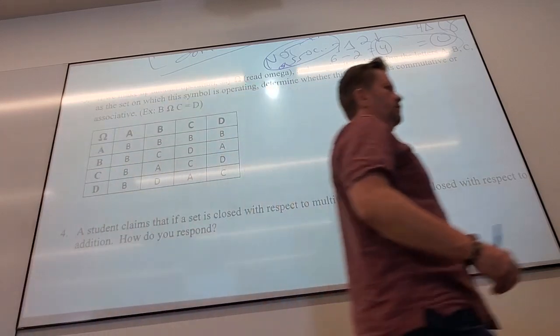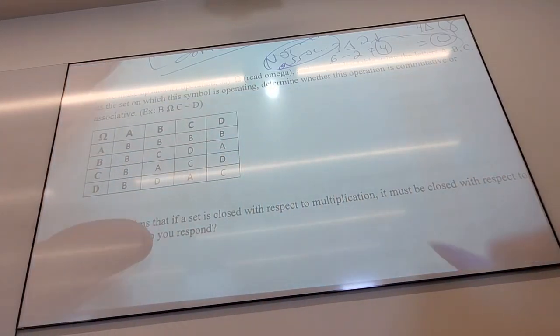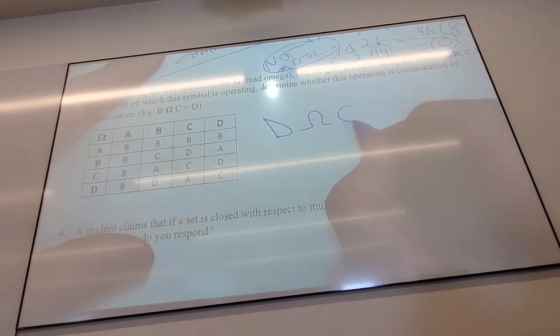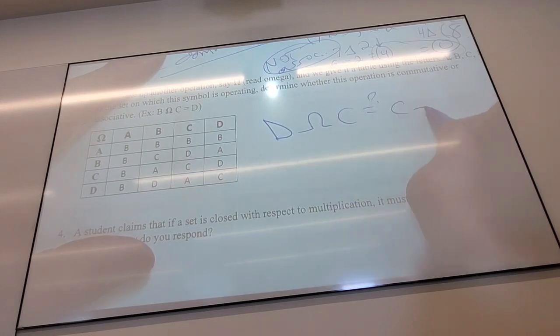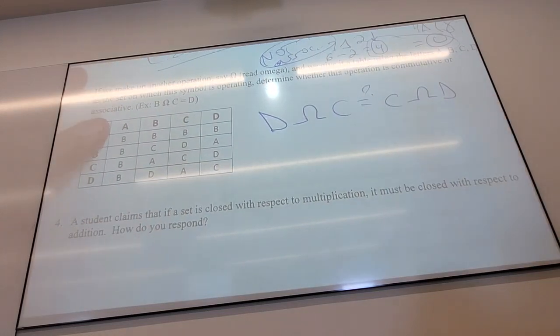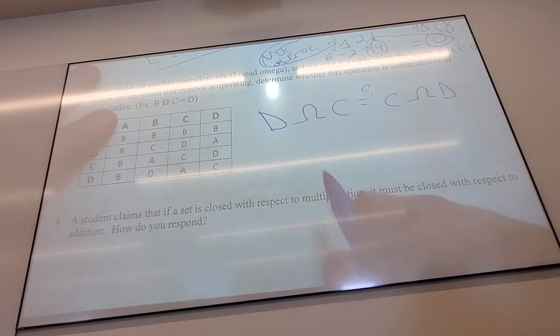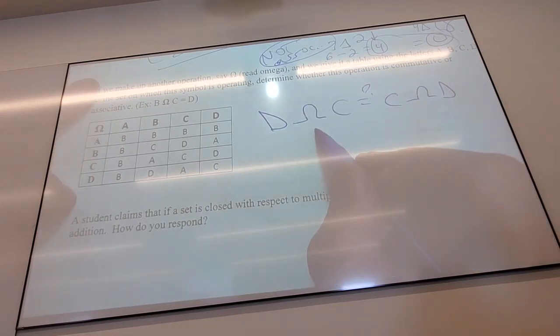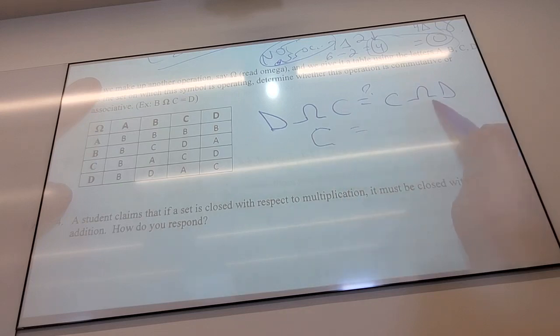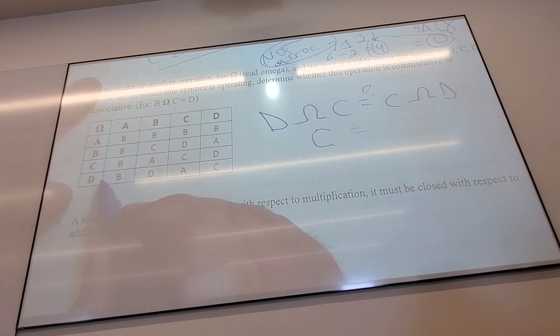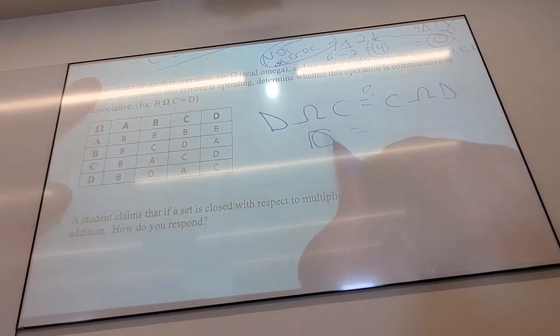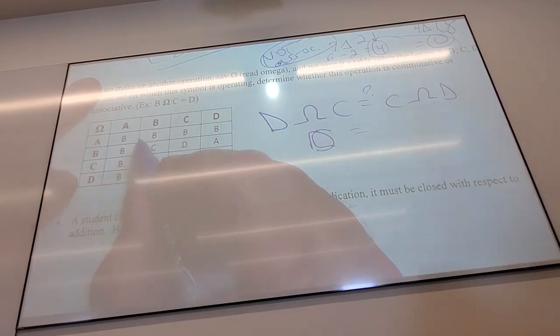When you do D omega C, do you get the same thing as when you do C omega D? Did we get the same thing just now? No, we didn't. When we did this, what did we get? C. And when we did this, what did we get? C omega D was D. There we go. And D omega C was A.